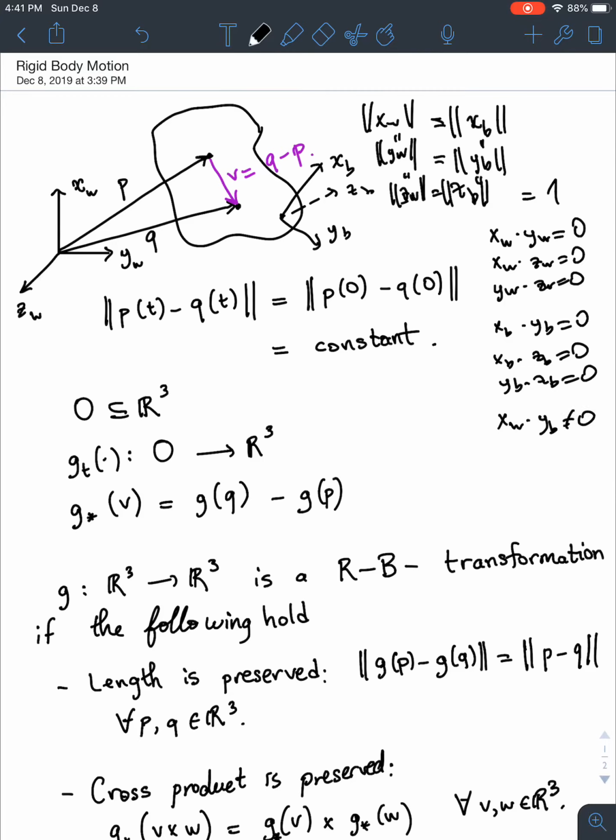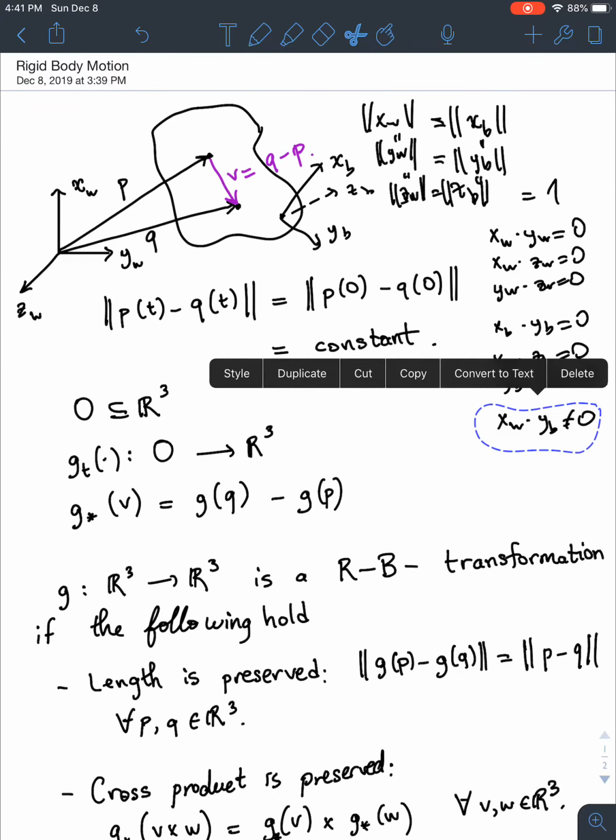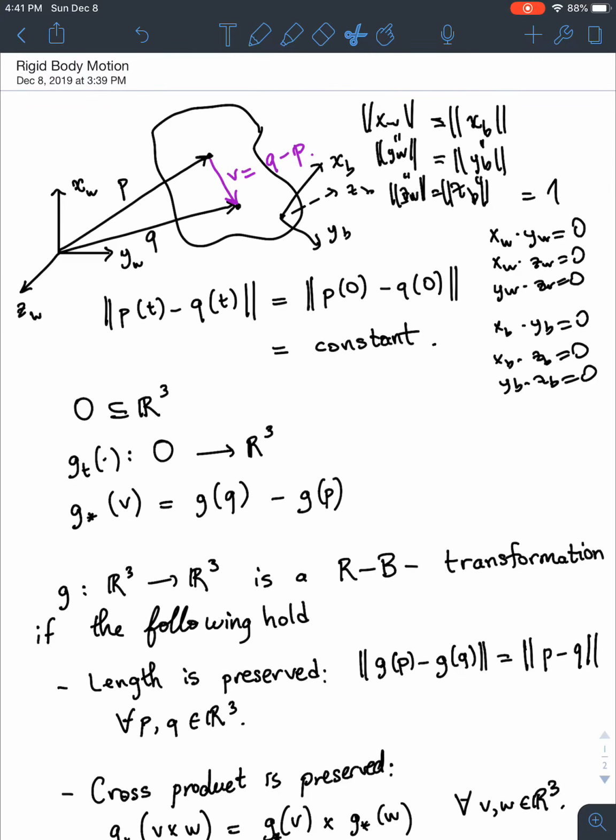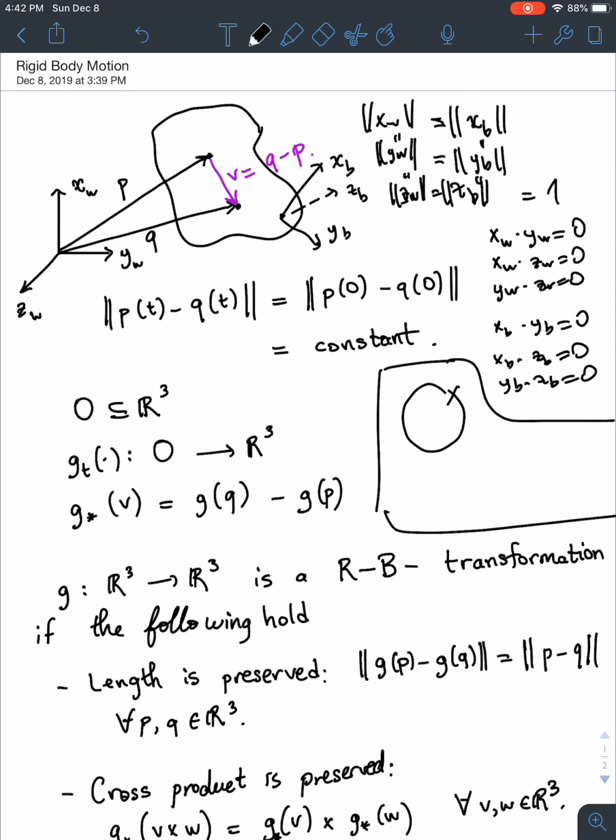So that's not true. Within the same coordinate frame, though, the vectors that make up the coordinate system are mutually orthogonal. One more thing that's important is that these coordinate frames always respect the right-hand rule. If I draw a circle like this and place xb, yb, zb going counterclockwise, this is the positive sense of rotation.